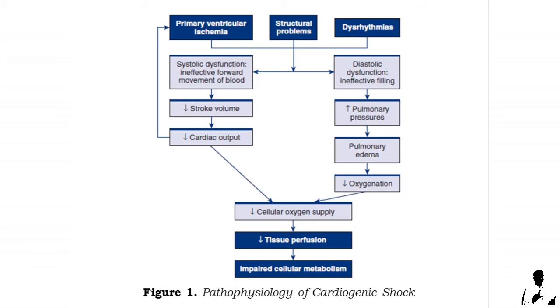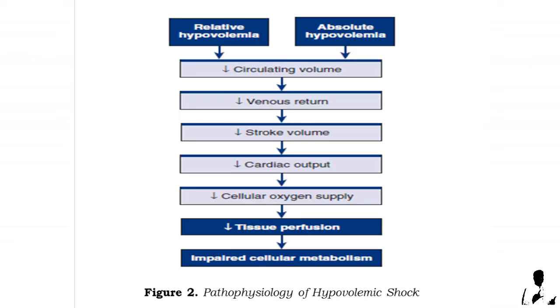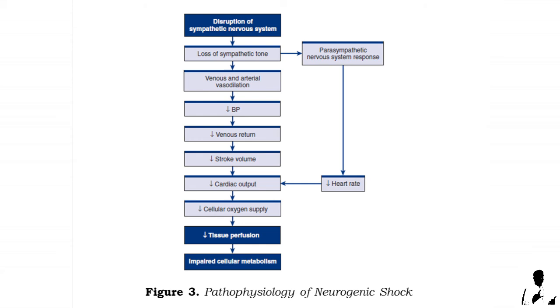The following figures show the general pathophysiology of the types of shock. Figure 1. General pathophysiology of cardiogenic shock. Figure 2. General pathophysiology of hypovolemic shock. Figure 3.